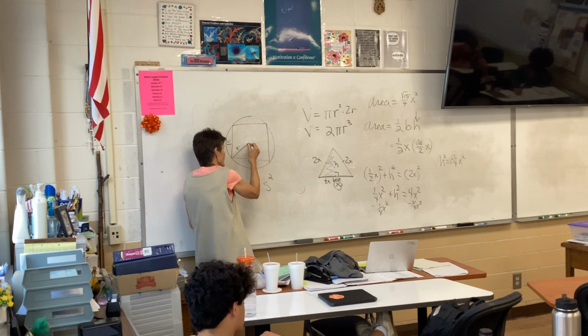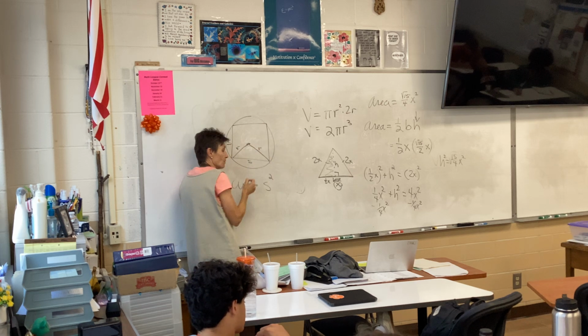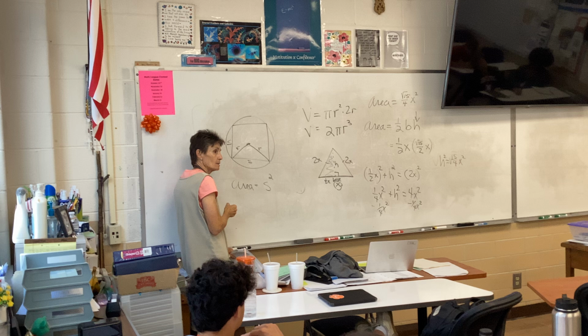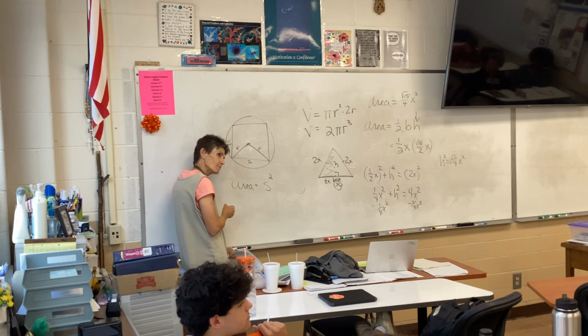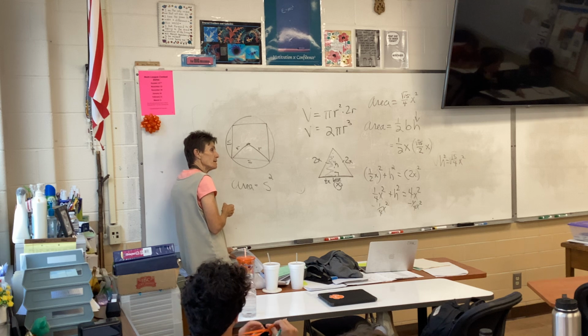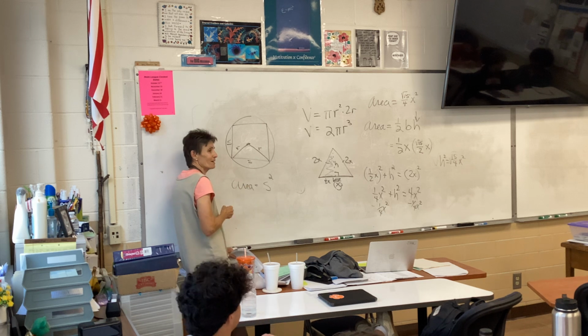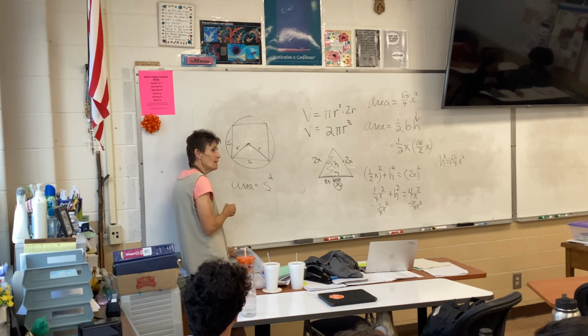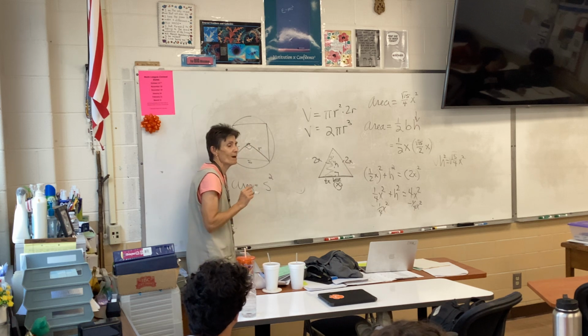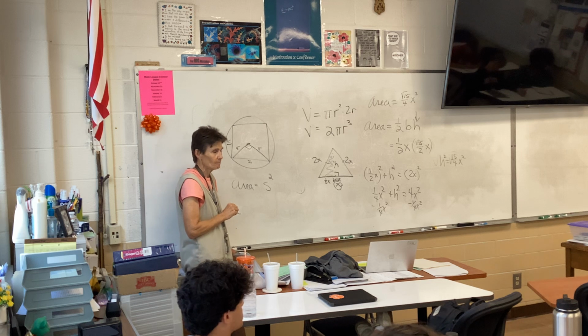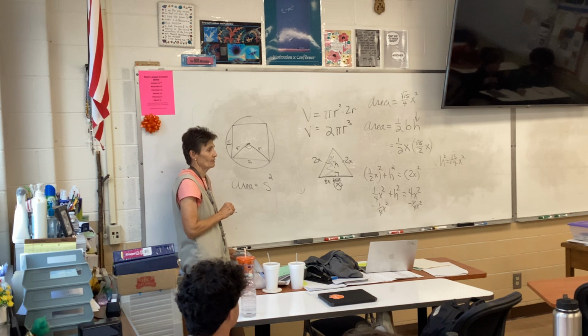Here are a couple different ways. I'll just go here. And that would be another radius, right? Would they be the same? Yeah. Not only are they the same, because the radii of a circle are the same, but they're perpendicular. You might not remember that from geometry, but they are perpendicular.